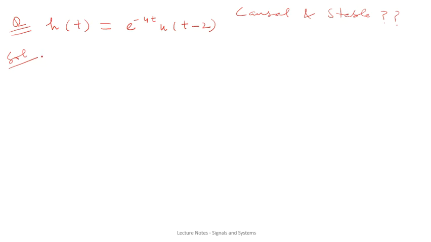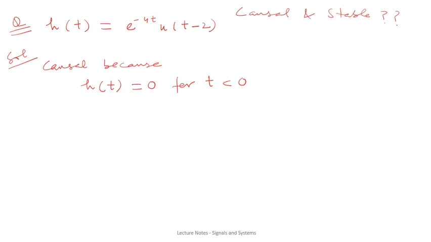Why? Because h(t) is equal to 0 for t less than 0, isn't it? So this system is a causal system because you can see that h(t) equals 0 for t less than or equal to 0.